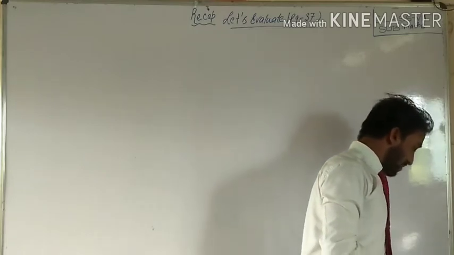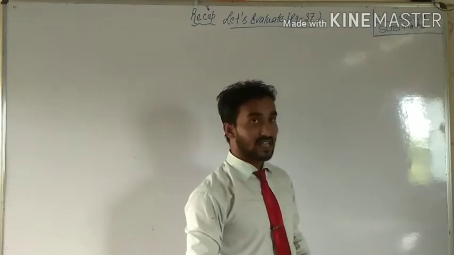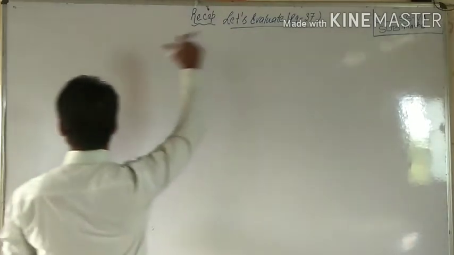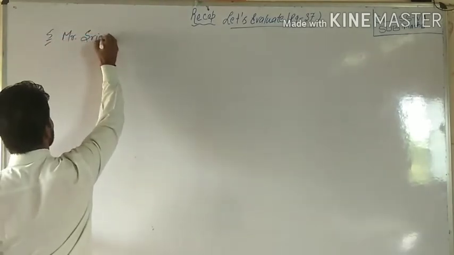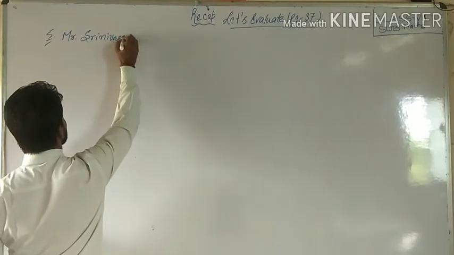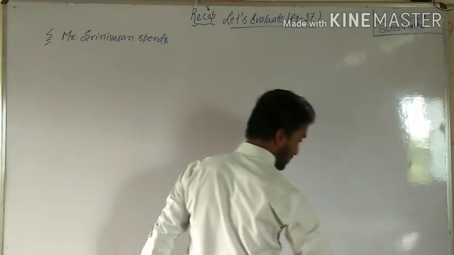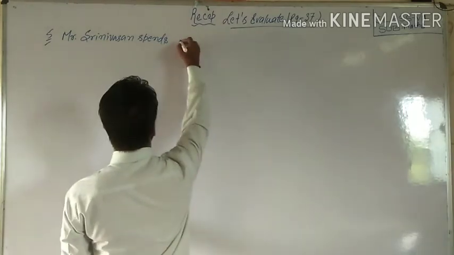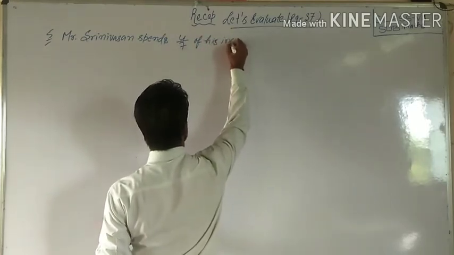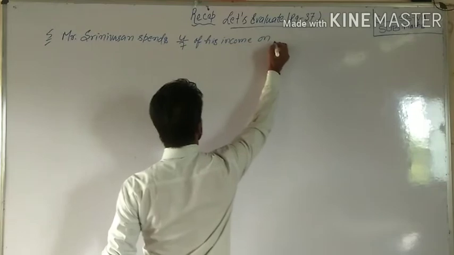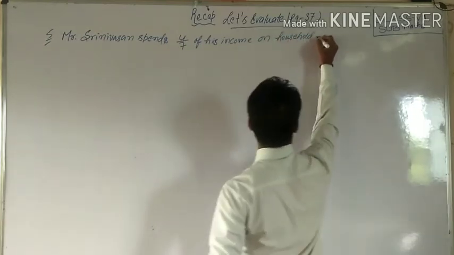See, question number 5 says: Mr. Srinivasan spends 4/7 of his income on household expenses.